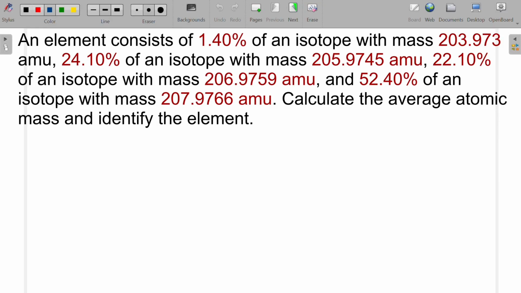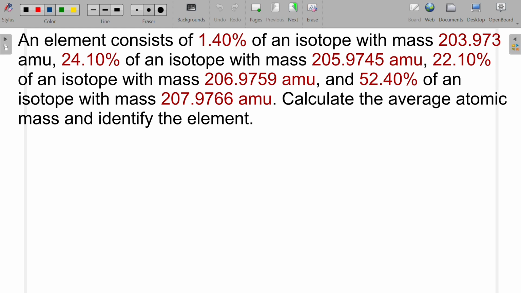Hello viewers, so we have this question that says an element consists of 1.40% of an isotope with a mass of 203.973 atomic mass units, 24.10% of an isotope with mass 205.9745 atomic mass units, and another one with 22.10% of an isotope with mass of 206.9759 atomic mass units.